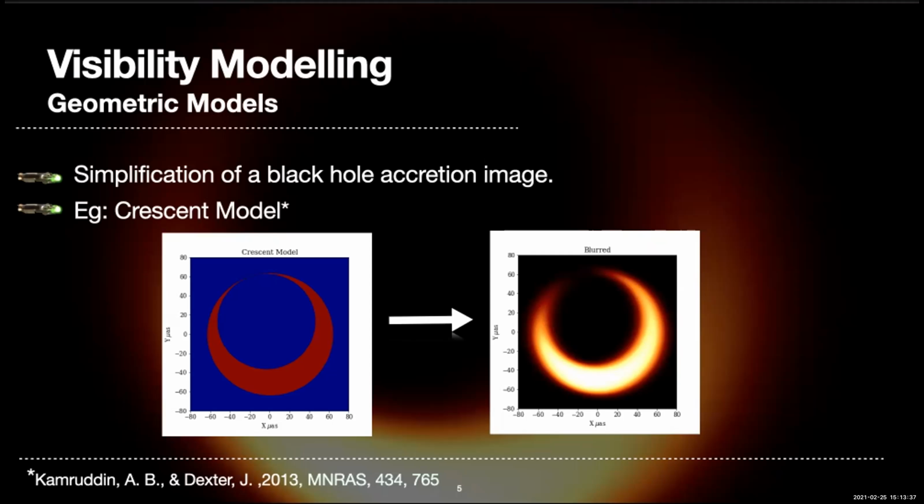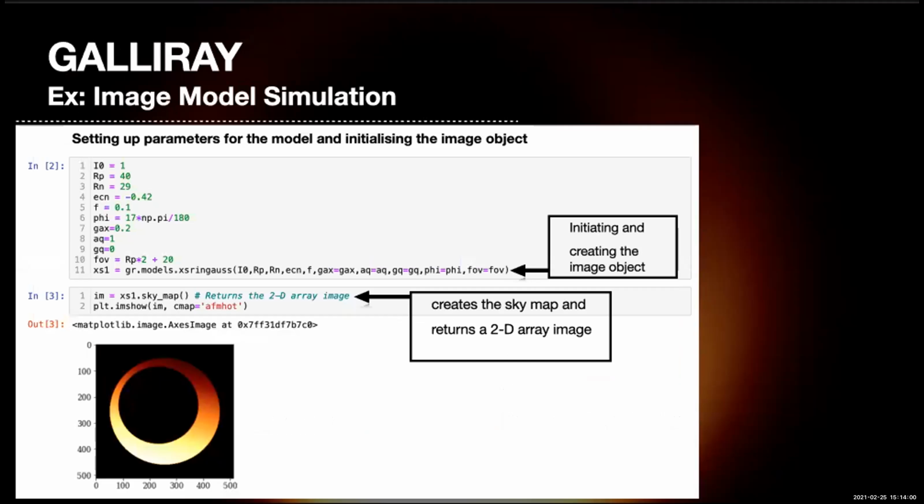As you can see here, we first use a simple crescent image, which is nothing more than a subtraction of two filled disks. This is how we simulate it, and then we convolve it with a Gaussian kernel to see how it would appear in radio astronomy.